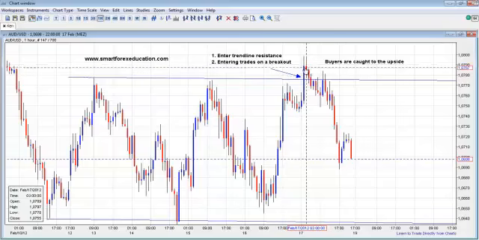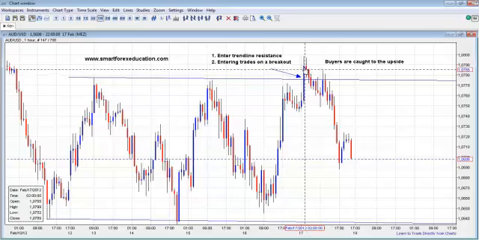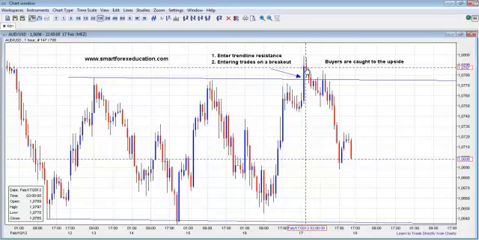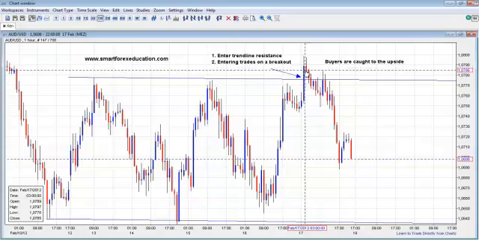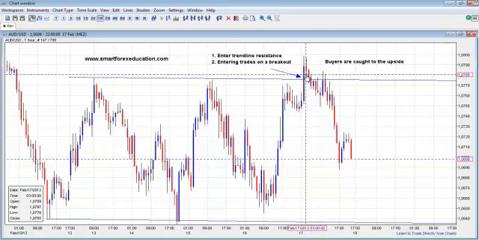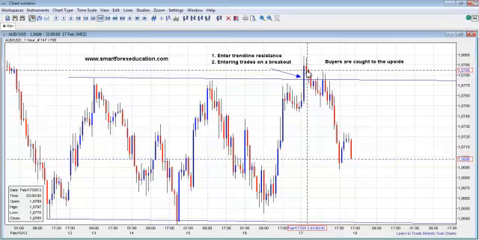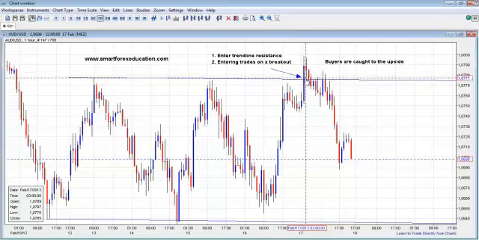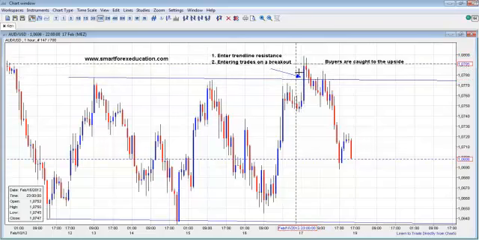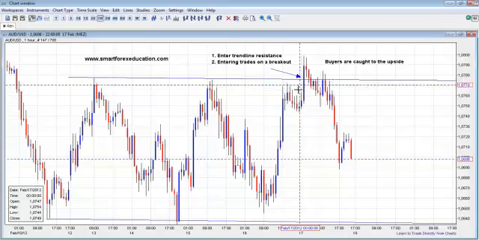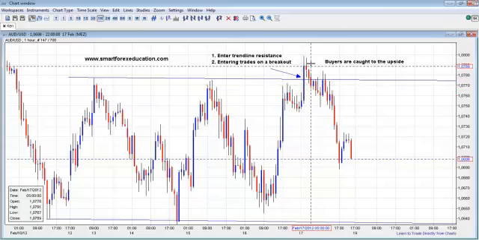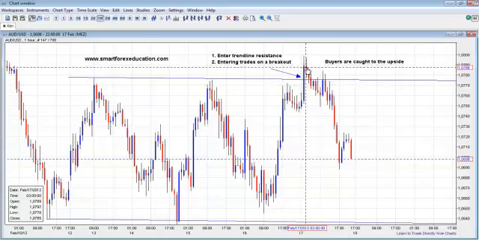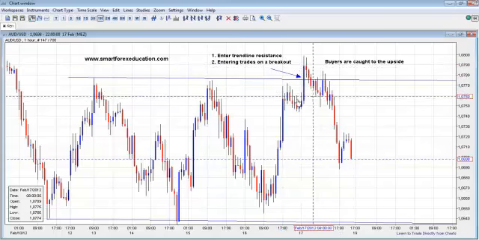Because we know there are going to be newbies or inexperienced traders entering to the upside, and if the market is not being pushed by long-term value, meaning there's not a lot of long-term demand from the institutions and the commercials, then this is just a flush, pushing the price higher, sucking in buyers to buy at these highs, and then going the other way and hunting for stops.